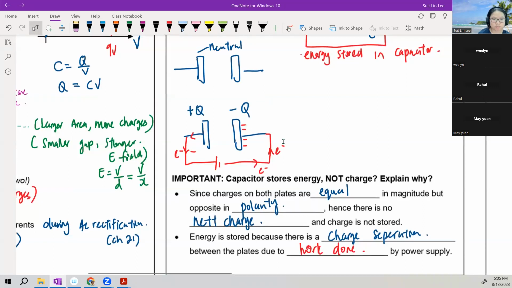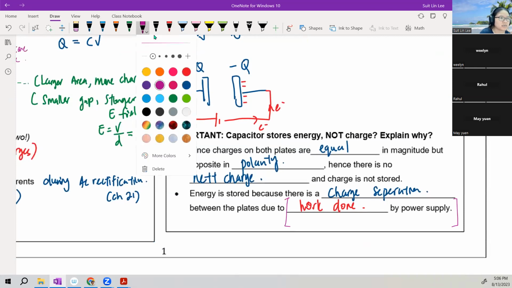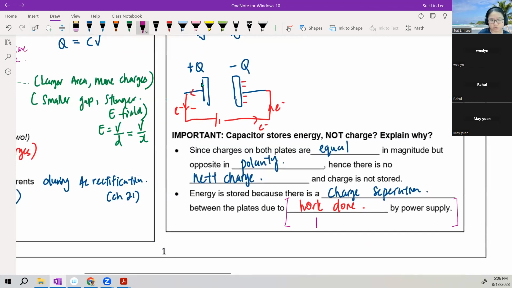But I should also mention the work done by the power supply, or the energy of the power supply, is actually calculated using the equation E is equal to QV because the power supply has constant voltage. Whereas the voltage inside the capacitor will increase, right?